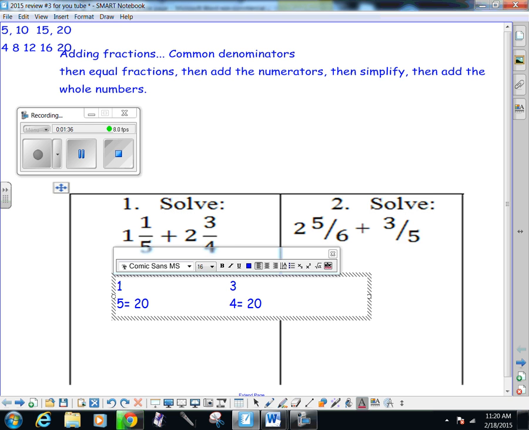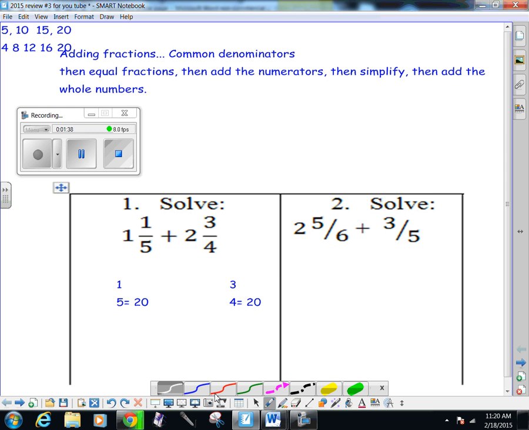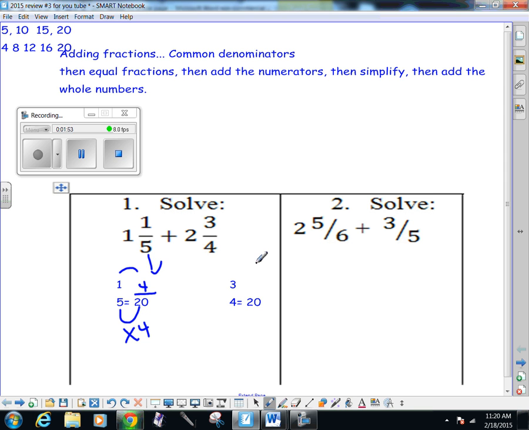So what I have to do is I have to make equal fractions. So I'm going to look from the 5 to the 20, and to get from 5 to 20 I'm multiplying by 4, and so if I multiply the denominator by 4 I need to multiply the numerator by 4, and so the equivalent fraction to 1/5 is 4/20. Here I do the same thing, times 5, times 5. So the equal fraction here is 15.